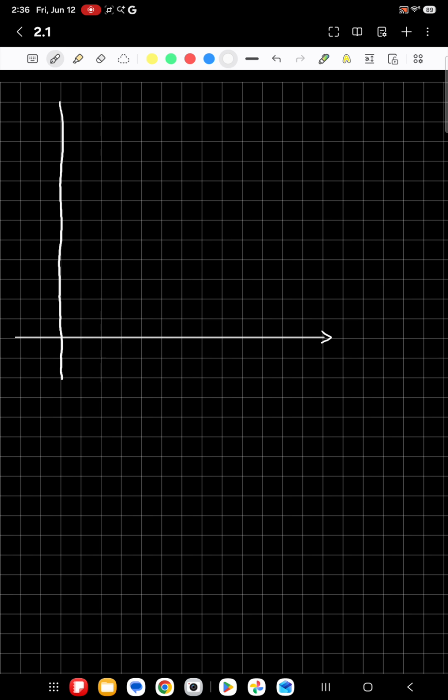Here's my parabola, this is y equals x squared. We're doing a line tangent to that curve at 2, 4. We don't have to be particularly exact, so let's say that 2, 4 is right there. This is point P, 2, 4.